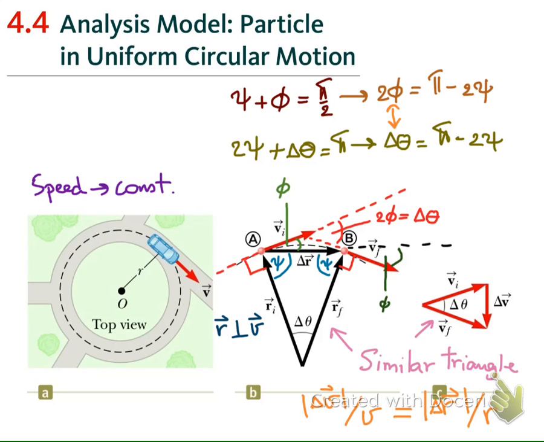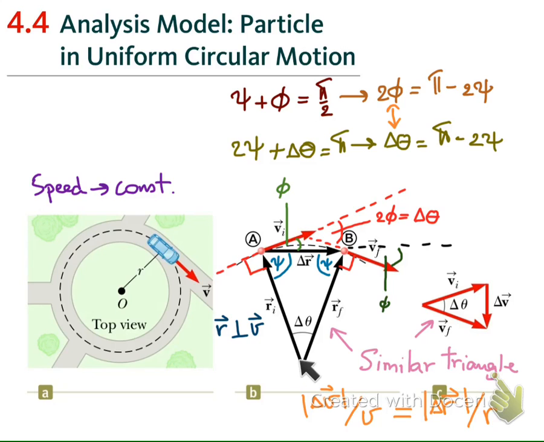When we look at the change of the velocity, VI changes to VF, and when we draw the change of the velocity delta V, you can see that this delta V points downward, and this is the direction of the center.